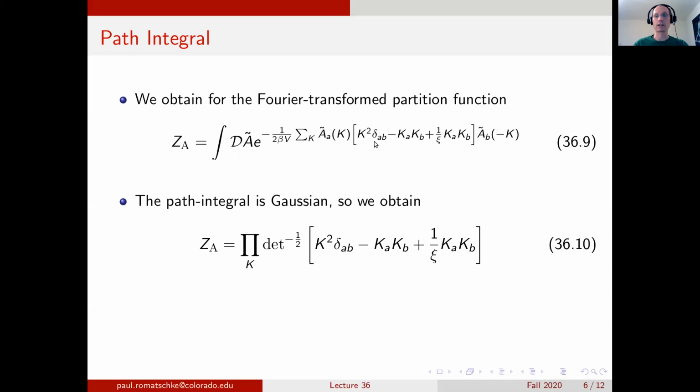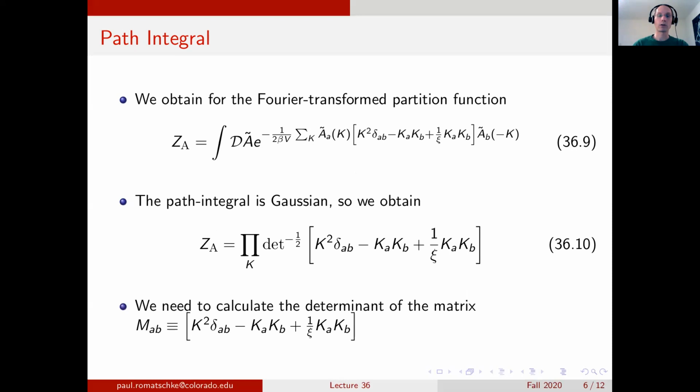And this is just the matrix that we had in the expression given in equation 36.9. So in order to further simplify this expression, we would have to calculate the determinant of this matrix M_AB.